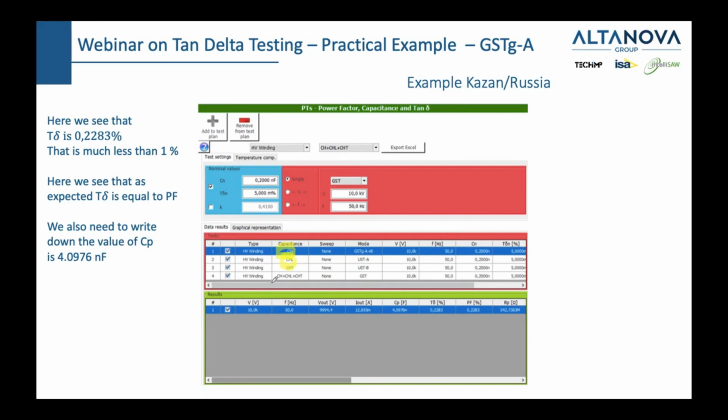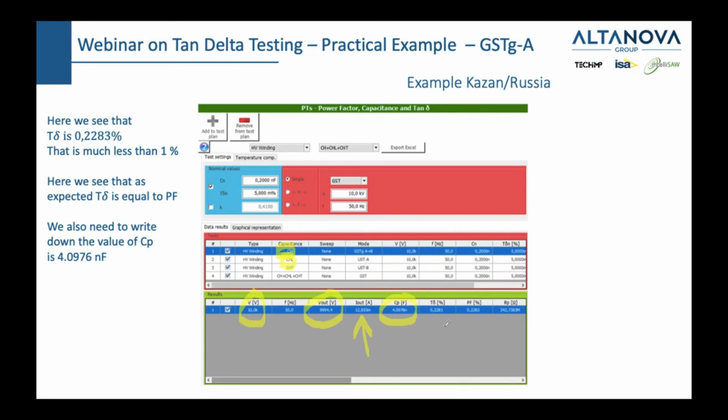And you can see here that we wanted to generate 10 kilovolts and 50 hertz. The device generated 9,994.4, so this is quite accurate. The total current going out, capacitive plus resistive, was about 12.85 milliamps. With our device, you can generate up to 300 milliamps. And the capacitance between the high voltage and the ground was 4.0976 nanofarad.